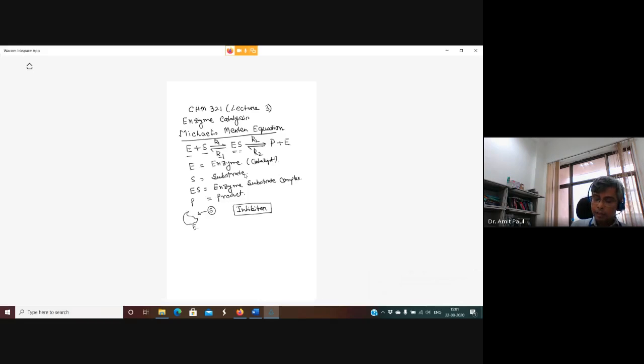Okay, so these are very important points to understand. And another important thing to understand is that the concentration of enzyme is much smaller than substrate.